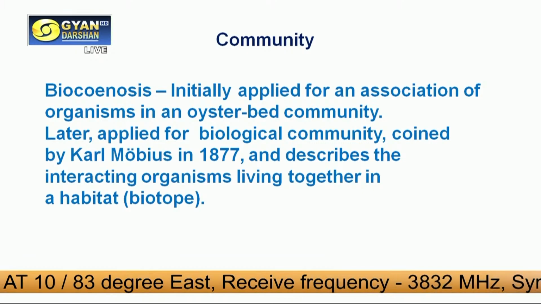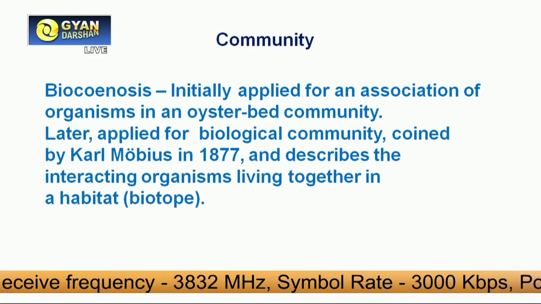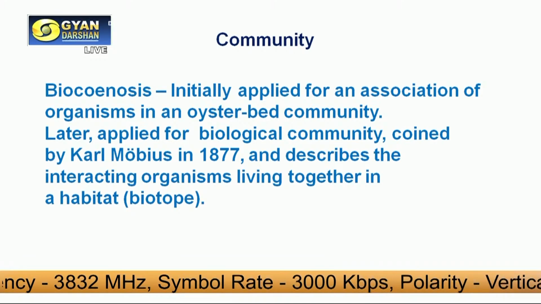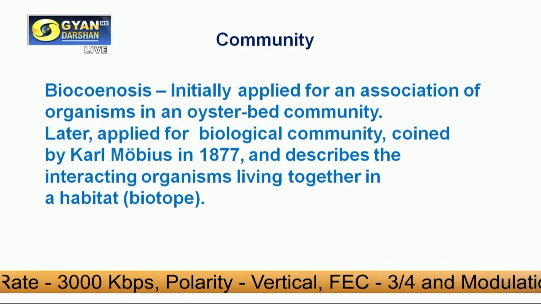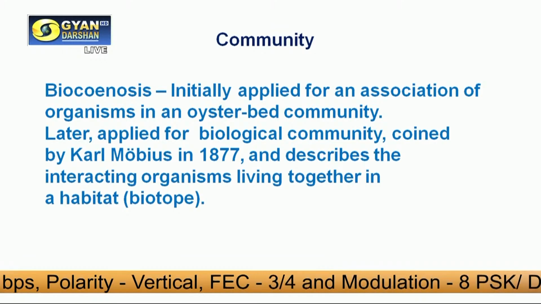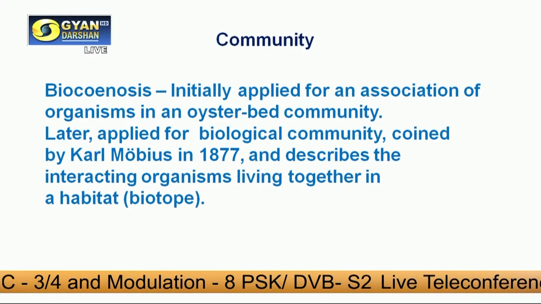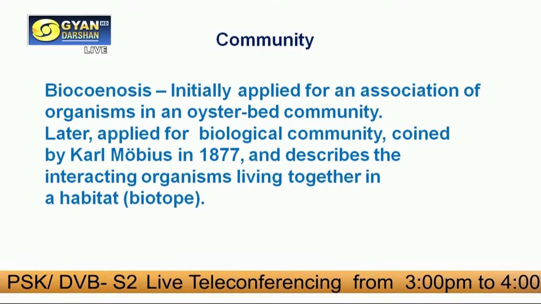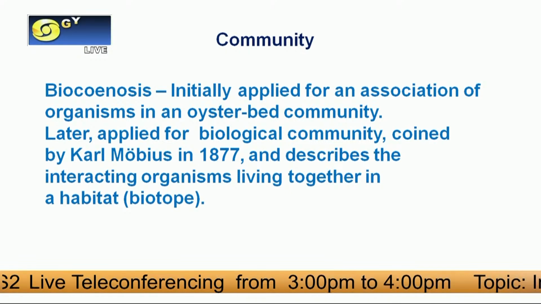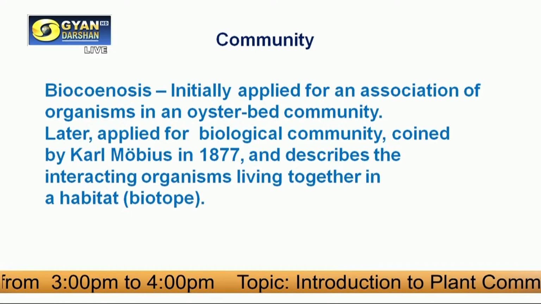Later on, for the biological community, Carl Mobius in 1877 extrapolated this concept to other plants or animals. These interacting organisms were described as a community. So the term biosynosis was then replaced by the term community.